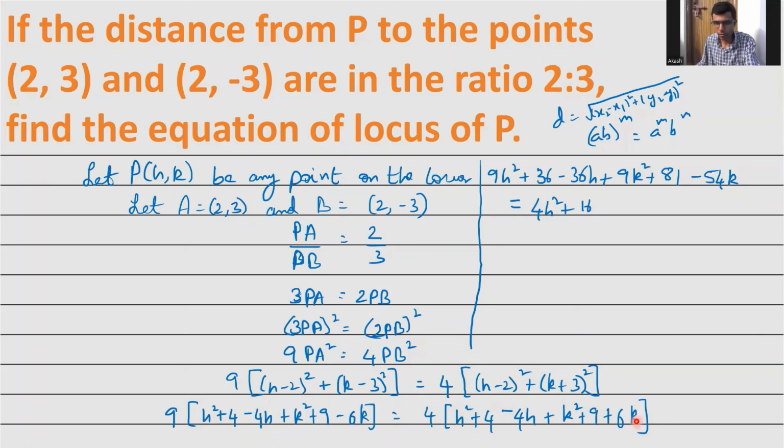You see, I'm multiplying 4 to all this. So I get minus 16h plus 4k square plus 36 plus 24k.